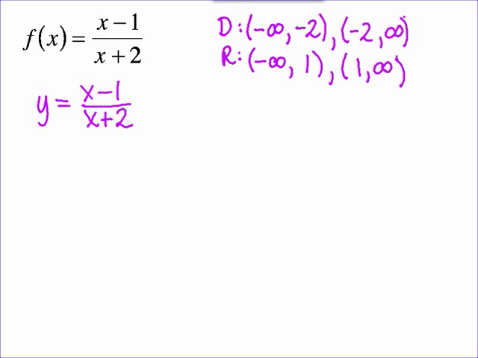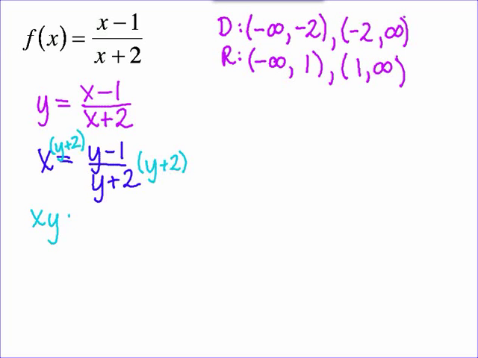Okay, so now what we're going to do is switch. x equals y minus 1 over y plus 2. Now the question is, how do you solve that for y? So if you didn't catch that, we're going to multiply both sides by y plus 2, basically to get rid of the denominator. Now when I do that, on the left side I get xy plus 2x equals y minus 1.